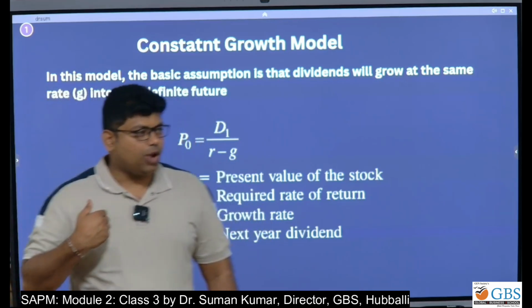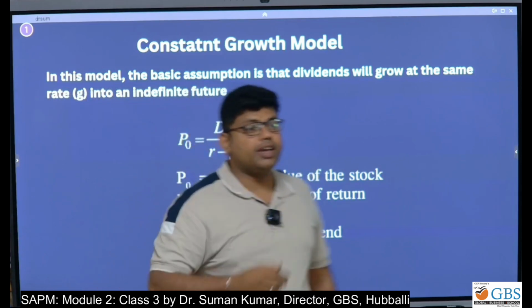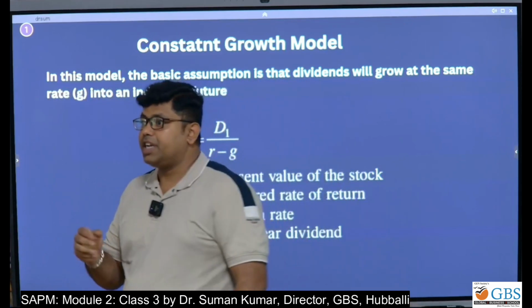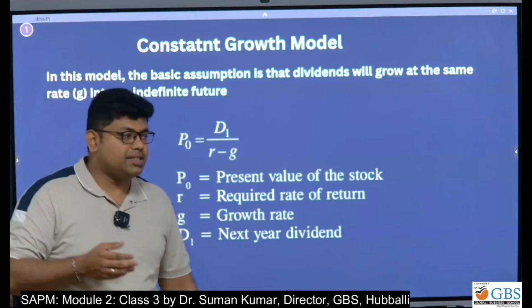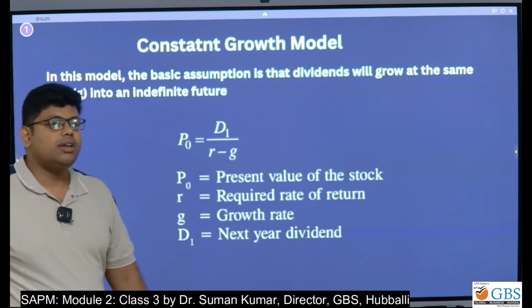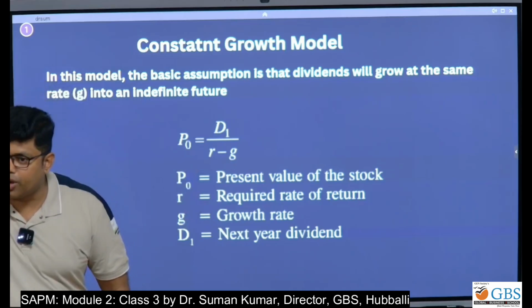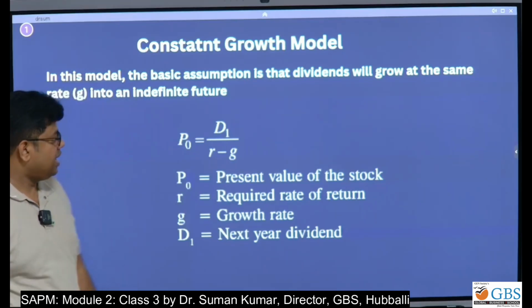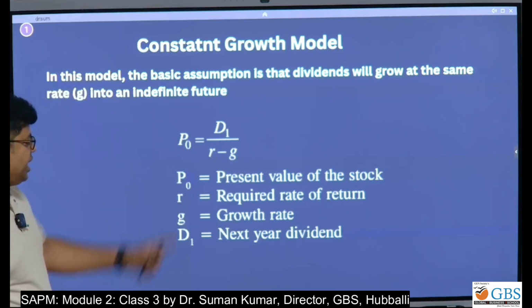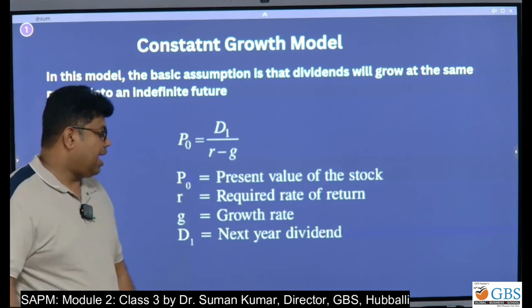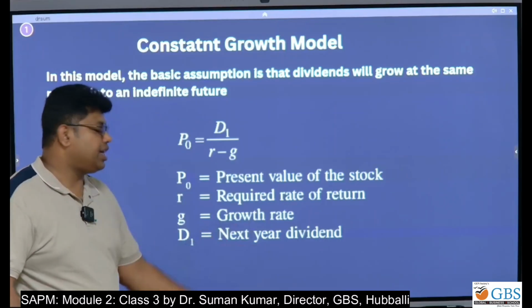I may require 10%, you may require 15%. So as it changes, the present value P naught will also change. P0 is D1 divided by R minus G, where G is the growth rate and D1 is next year's dividend.